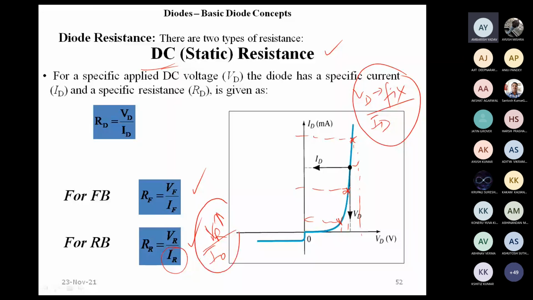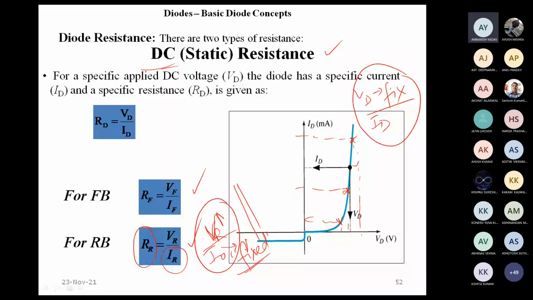So as the reverse bias voltage is increased, this resistance is increasing. This is also not a fixed value, because I naught is mostly fixed here, an almost constant reverse saturation current.